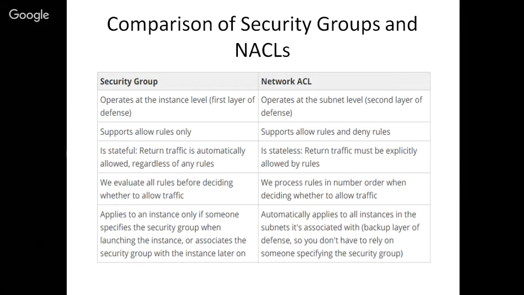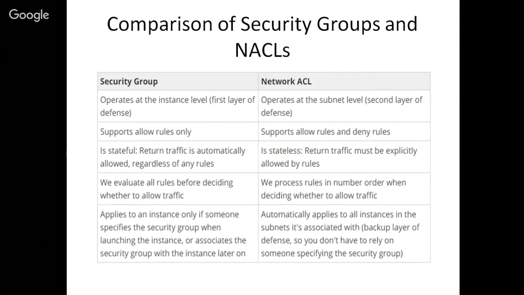Okay. So in the case of a security group, we evaluate all rules before deciding whether to allow traffic. And in the case of network ACL, we process rules in number order when deciding whether to allow traffic. So there is a set of rules which we define in a security group, and it will evaluate all the rules before we decide to allow traffic.